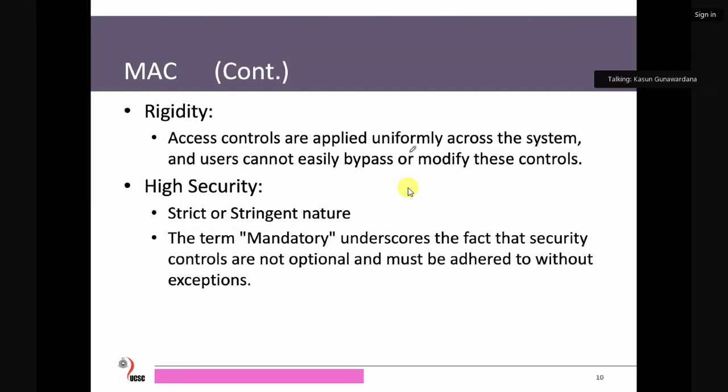Access controls are applied uniformly across the system, irrespective of the users. It does not care about the designation of the user or other attributes. All of these attributes are immaterial when it comes to MAC, because it centrally implements these security policies and controls access.